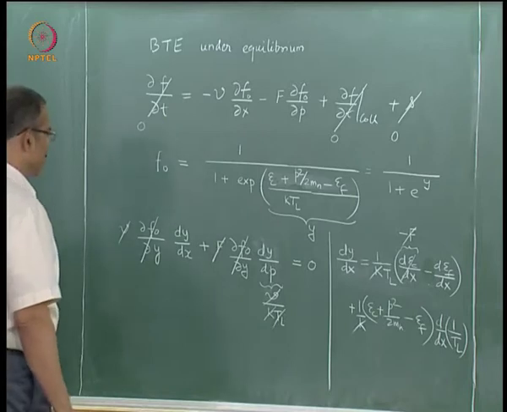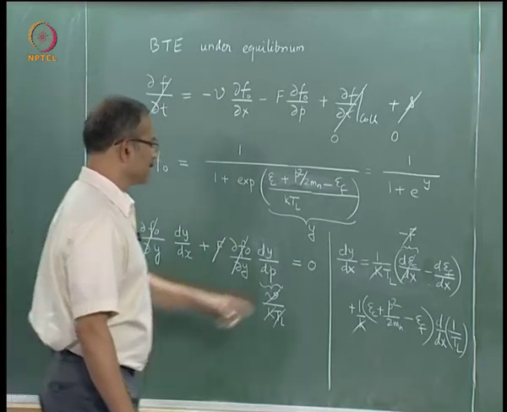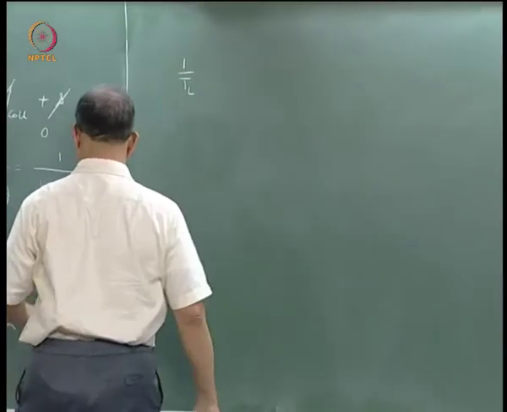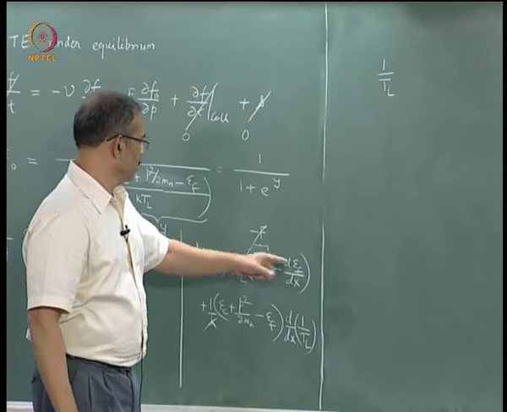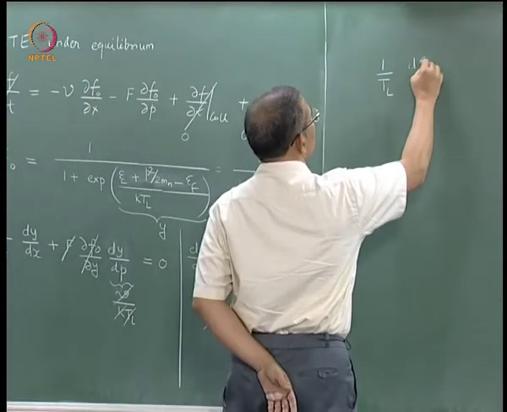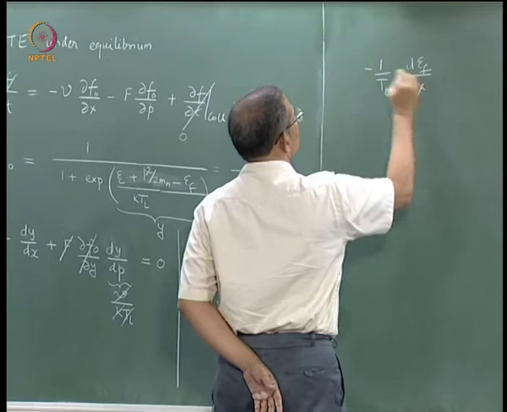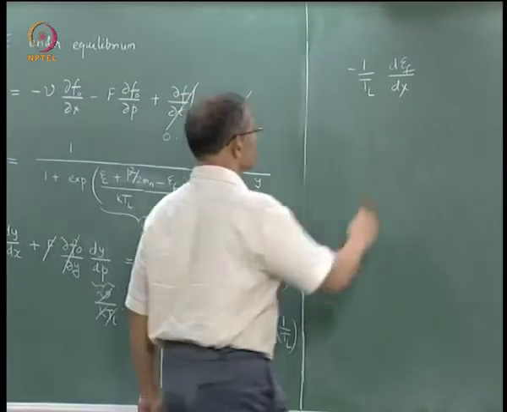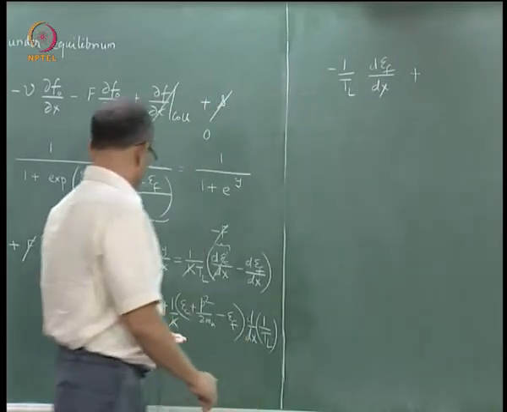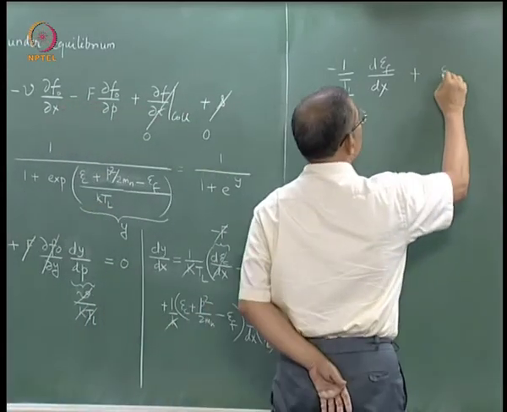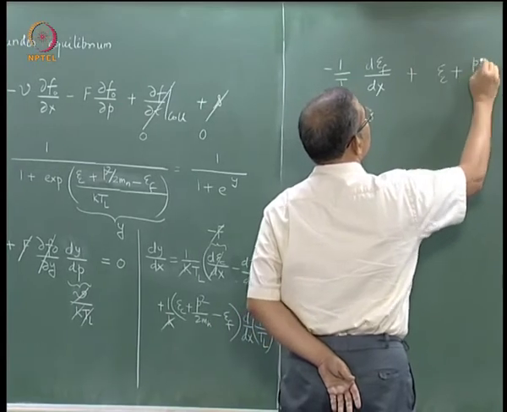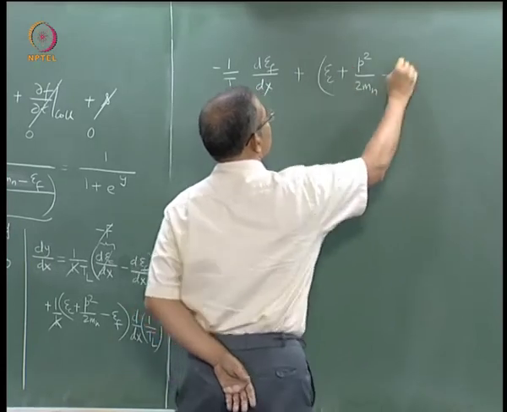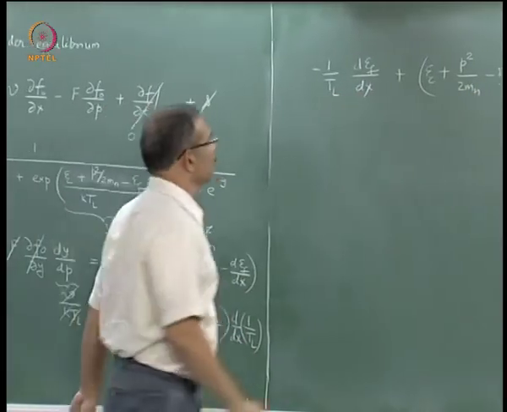So my equation will therefore become, this dy by dx is nothing but 1 by TL into dEf by dx with a negative sign plus this quantity into d by dx of 1 by TL.